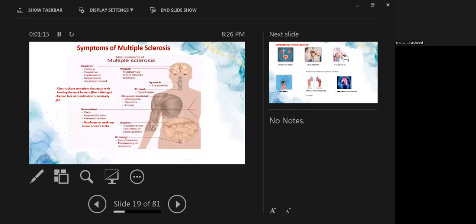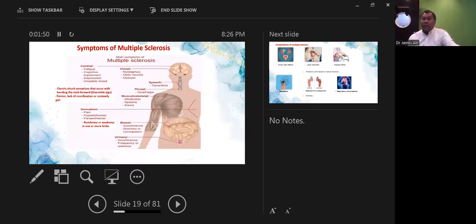So we have the symptoms of multiple sclerosis. First, we are going to look at the central nervous system. In a patient with multiple sclerosis, the central nervous system is affected, involving the brain also at the same time. There are many symptoms that will be identified in a patient suffering from MS. The patient will complain of fatigue.